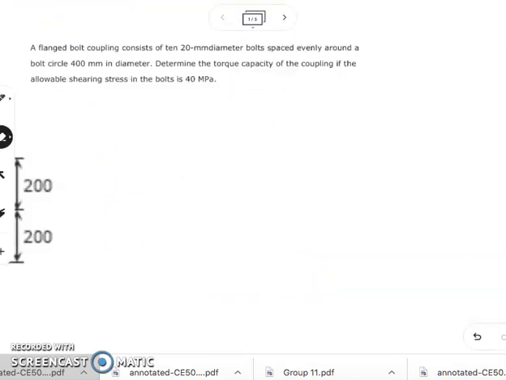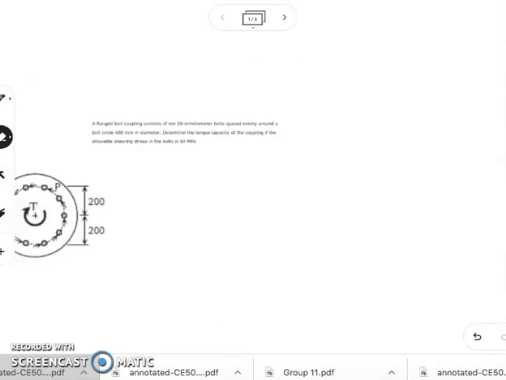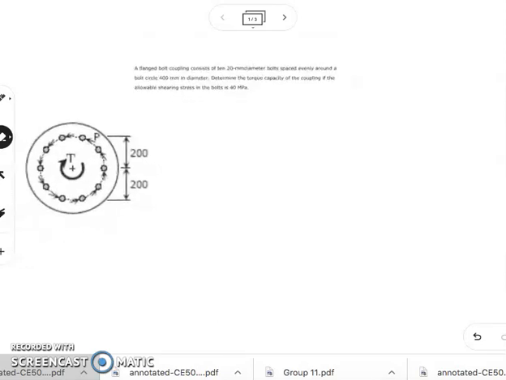So our first problem: a flange bolt coupling consists of 10 20-mm diameter bolts spaced evenly around a bolt circle 400 mm in diameter. Determine the torque capacity of the coupling if the allowable shearing stress in the bolt is 40 megapascals. So we have here our illustration for problem number 1.